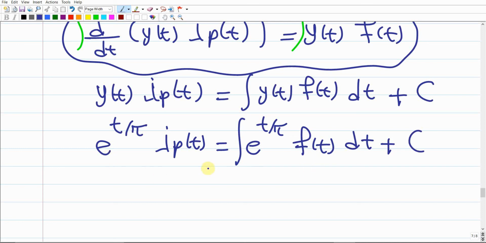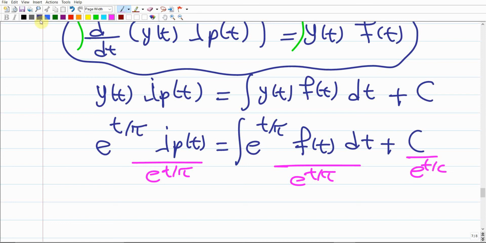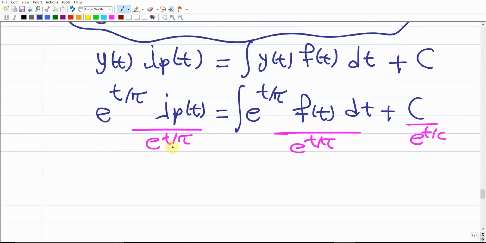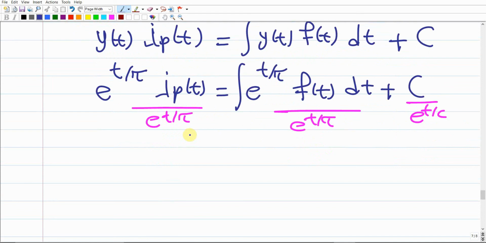Make sense? Since we're interested in I particular, we have to divide all the terms by this exponential term, e^(t/tau), and the same thing here. So e^(t/tau) in the denominator can be moved to the numerator by switching the sign of the exponent.